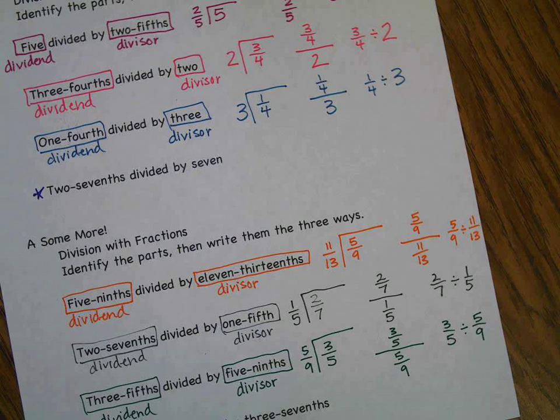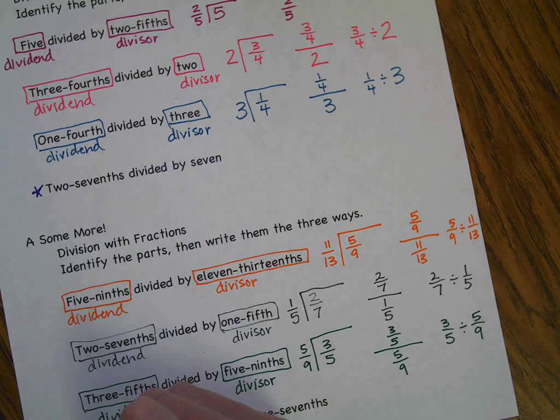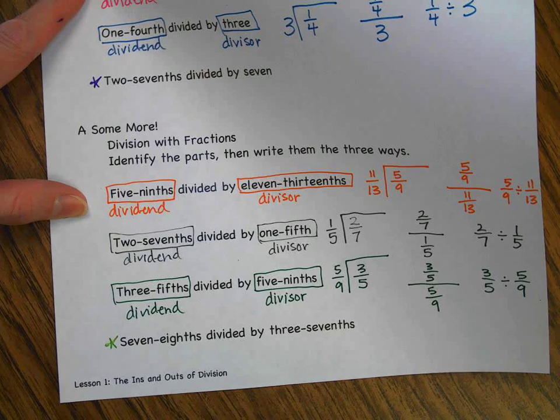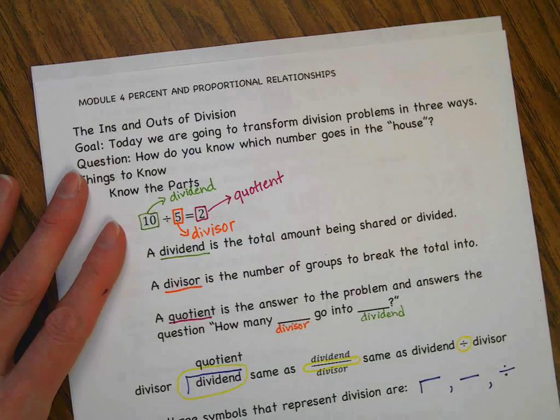Okay? So again, boys and girls, you need to make sure that you are following the pattern of what you are supposed to be doing, and the process is really easy. I do need you to do this last problem right here by yourself to make sure you've got it. Our last problem is 7/8 divided by 3/7, so you need to do that one on your own.